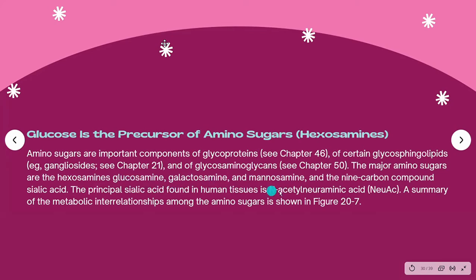These are the hexosamines, 6 carbon atoms each. Aminated sugars: aminated glucose, aminated galactose, aminated mannose. And the 9 carbon atom sialic acid. The principal sialic acid found in humans is N-acetylneuraminic acid.